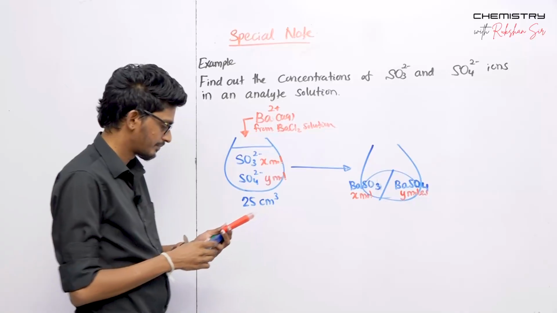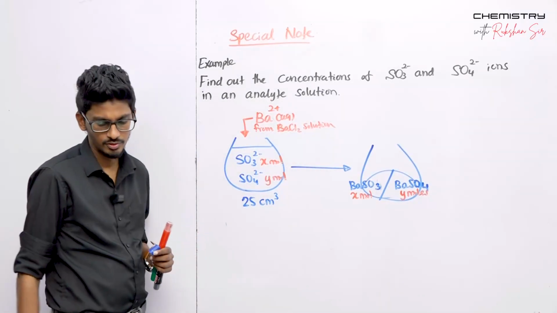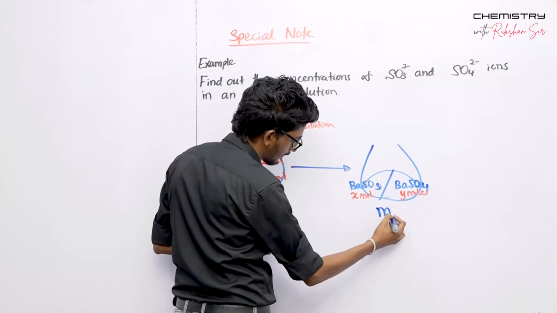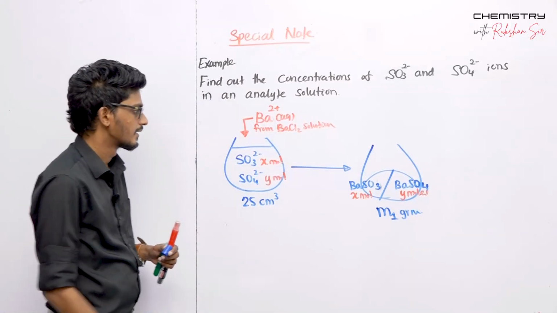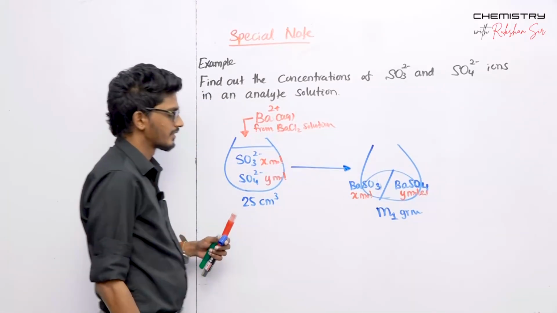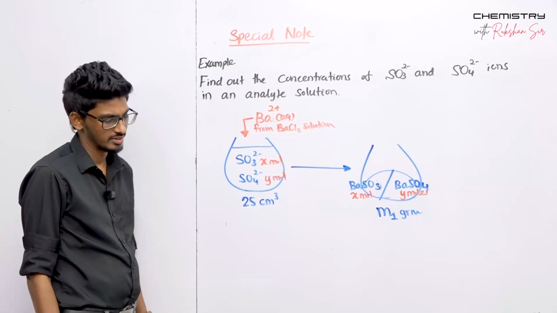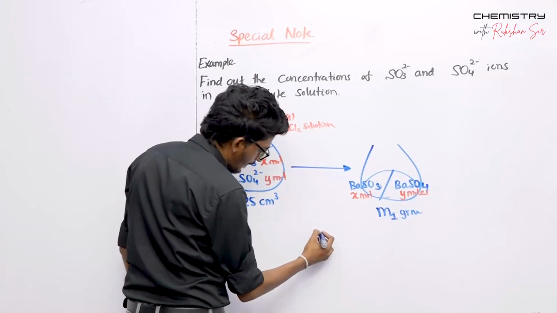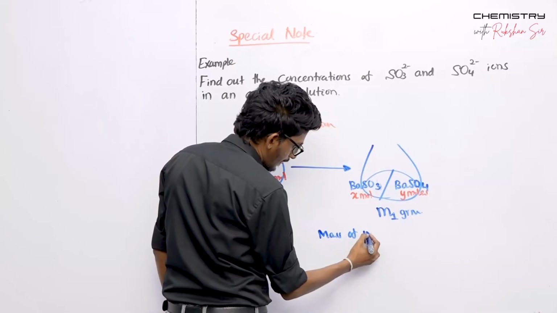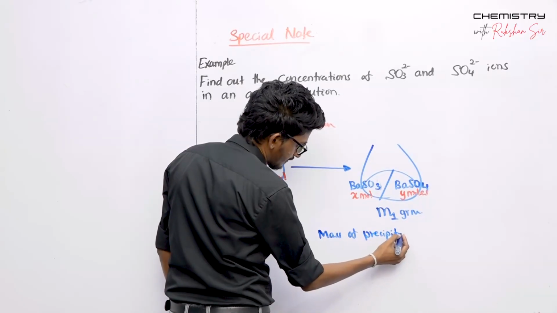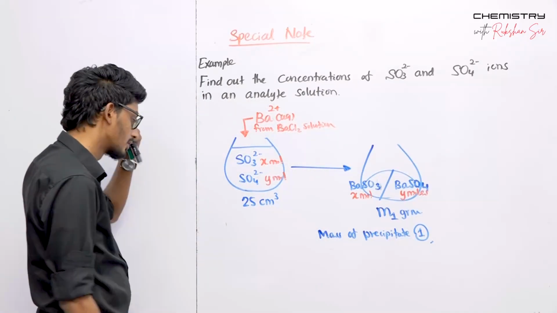So let's say you can weigh this mass here as m1 grams. If you are to weigh this mass as m1 grams, right? So we can come up with some simultaneous equation. We come up with a simultaneous equation for mass of precipitate 1, right?